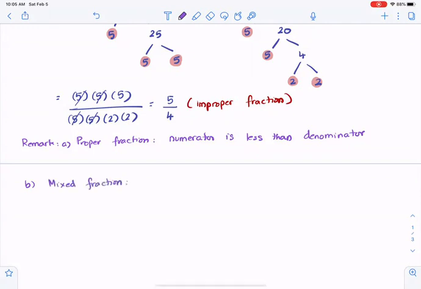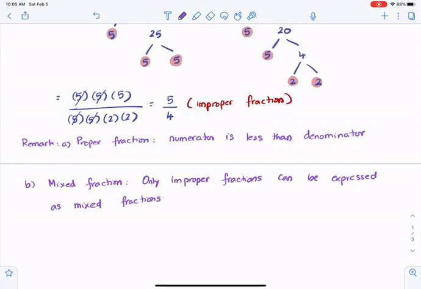And we have something called a mixed fraction. A mixed fraction has a special notation, and only improper fractions can be expressed as mixed fractions. So what is this mixed fraction business? 5 over 4 is 1 plus 1 over 4.